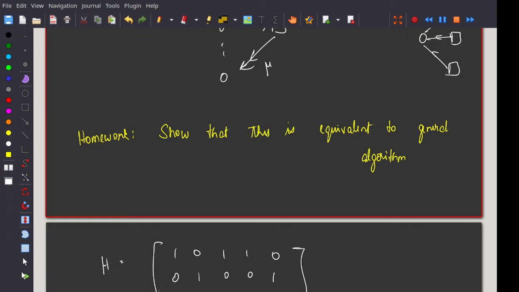Once I decode, I try to find out how many erasures can be corrected. If I correct everything, then there's a 0 contribution to the frame error rate. If even one of those erasures is still left uncorrected, then the whole frame is in error. The frame is not fully corrected. So that gives a contribution of 1. And I count the number of frames, or blocks, which cannot be corrected fully.